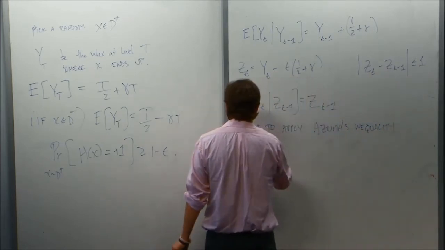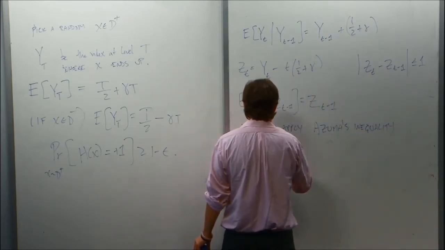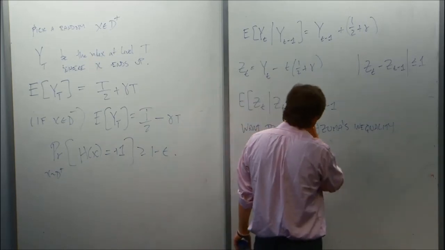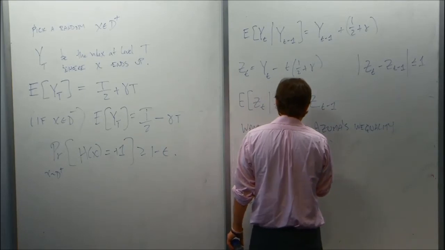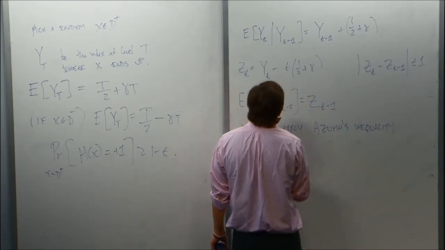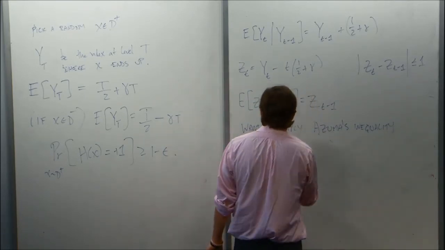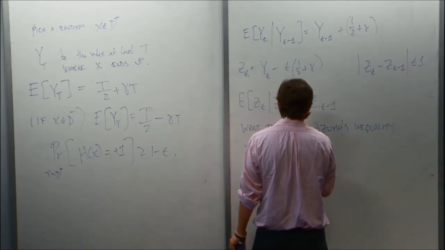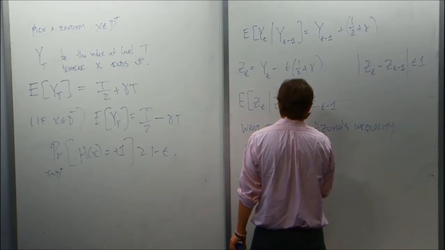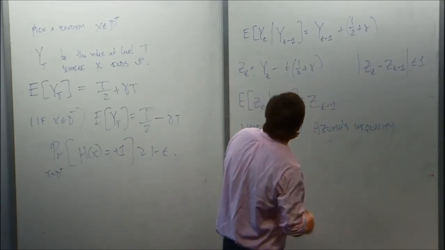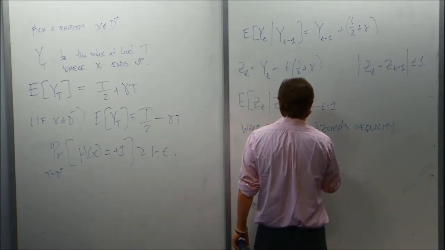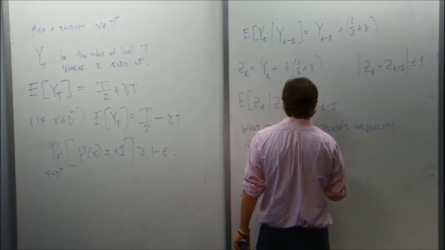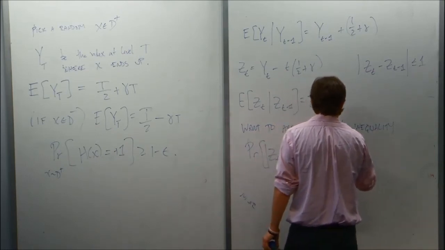And we'd like to say that the probability that z sub t, I guess this is a positive example, is less than t over 2 is at most epsilon.